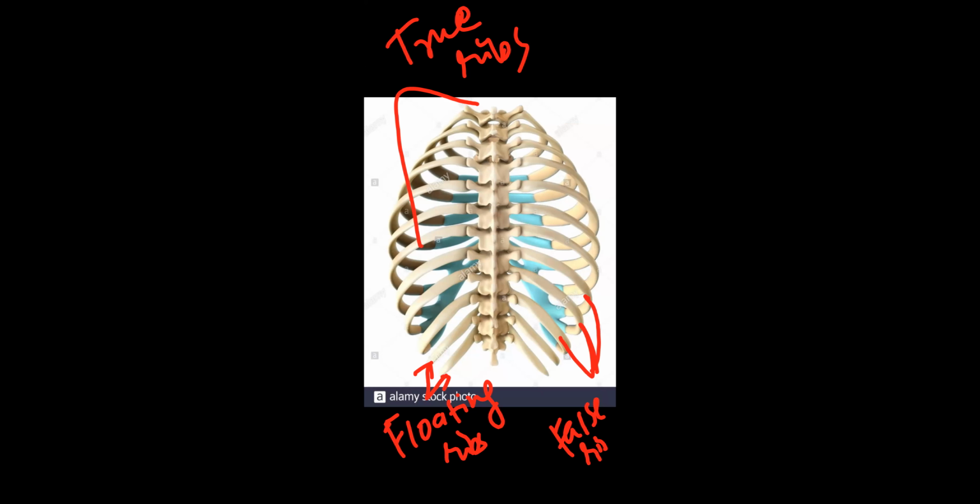And then comes the last 2 pairs, 11 and 12, known as floating ribs, also called vertebral ribs because they have no connectivity on ventral side, neither to sternum nor to cartilage. That is the profile of these ribs over there.